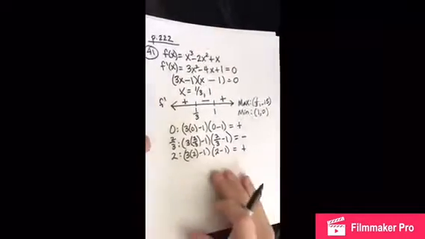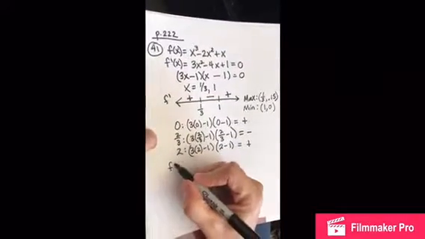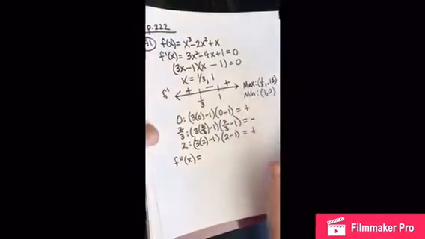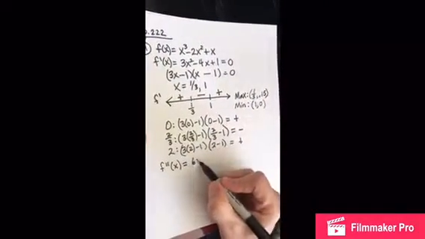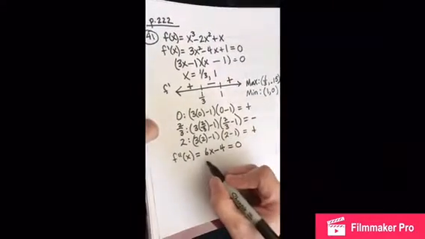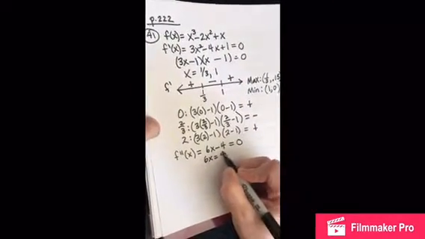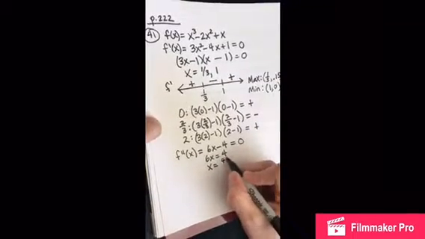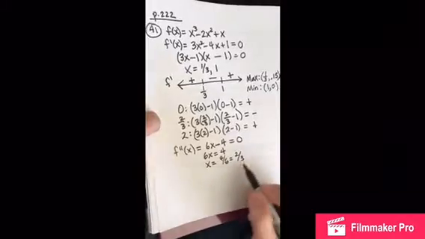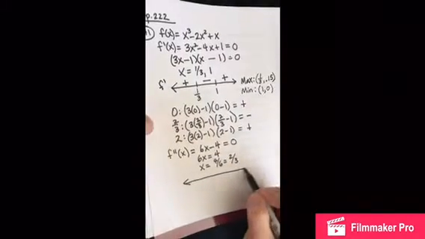For our maximum. Now we need to take our second derivative, which would be 6x minus 4. Set it equal to 0. And we get 2/3. So that's our possible point of inflection.